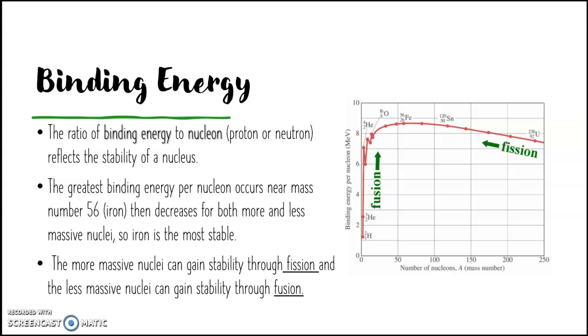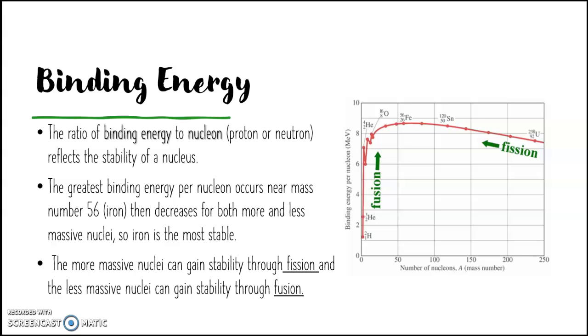Some nuclei are unstable because they are too large or have an unstable proton to neutron ratio. And they undergo radioactive decay until they reach a state of stability. The ratio of binding energy per nucleon, which stands for protons or neutrons, reflects the stability of a nucleus. If you graph this ratio over atomic mass, an interesting pattern occurs.